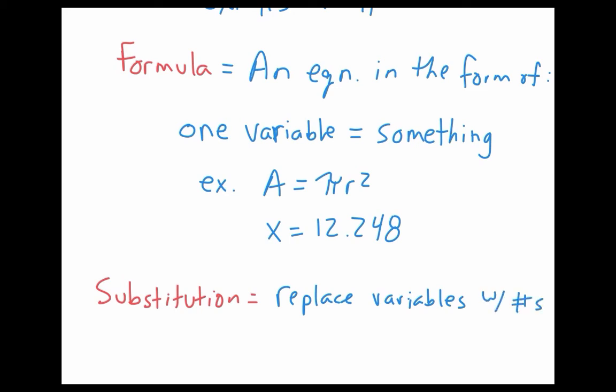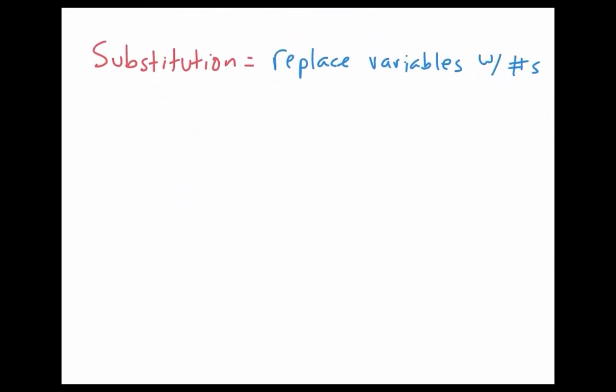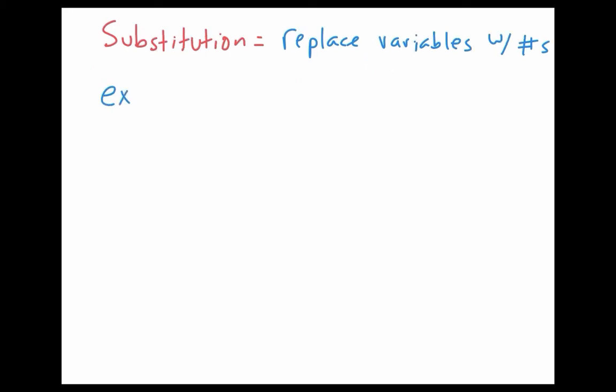Sometimes you'll get the question that says, substitute 4 in for x and 17 in for y or something like that. Example, given d equals s times t. Do you guys recognize that? Distance equals speed times time. Good.